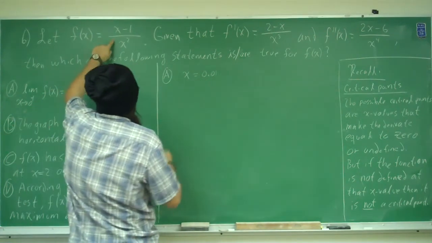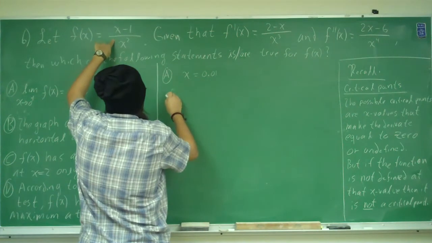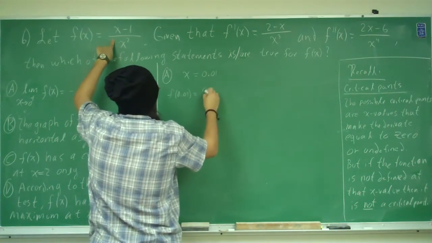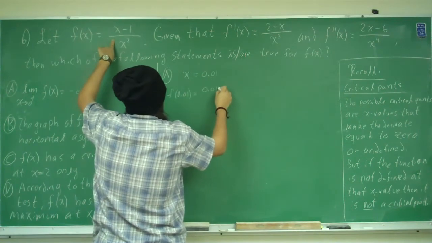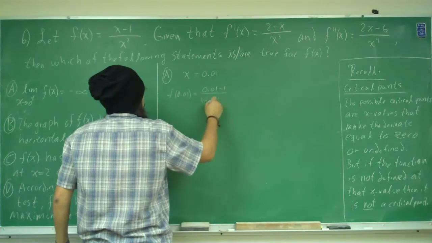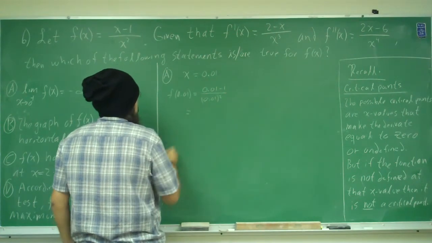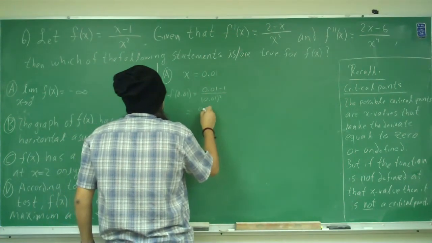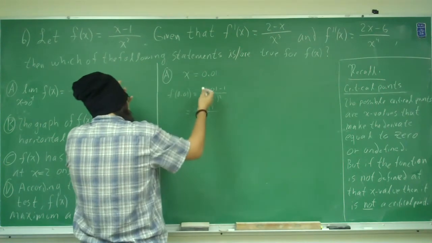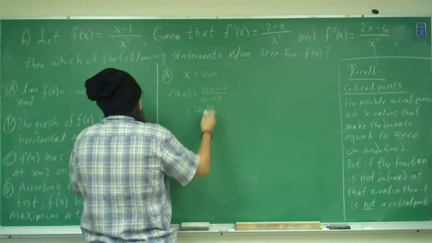If I plug that in here, I get that f of 0.01 is equal to 0.01 minus 1 divided by 0.01 squared. And what do I get? I get negative 0.99 divided by 0.0001.